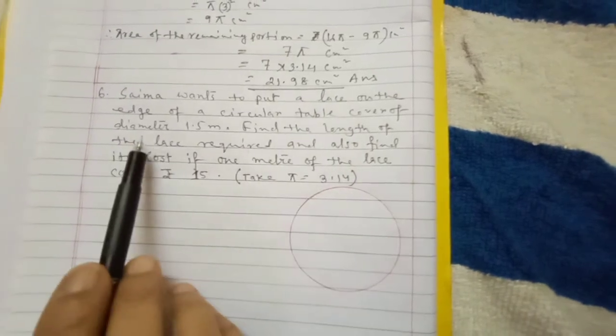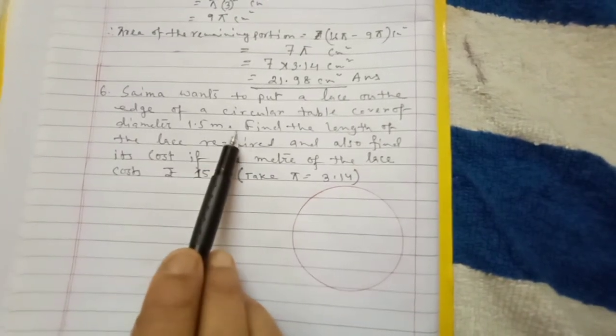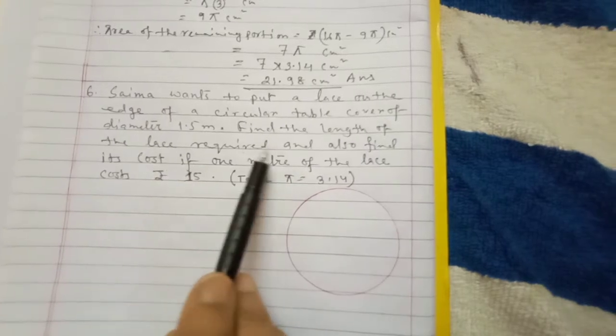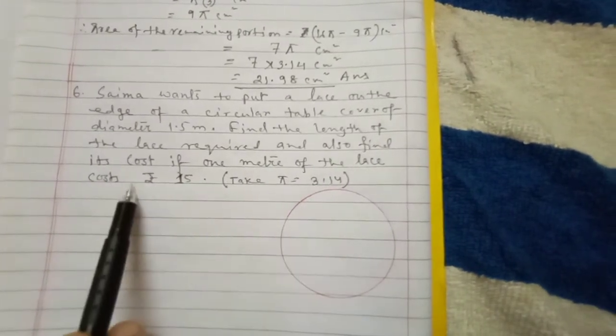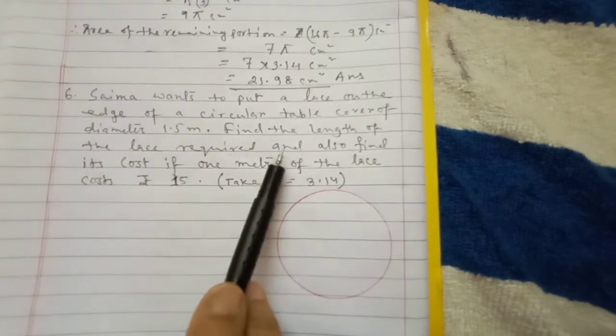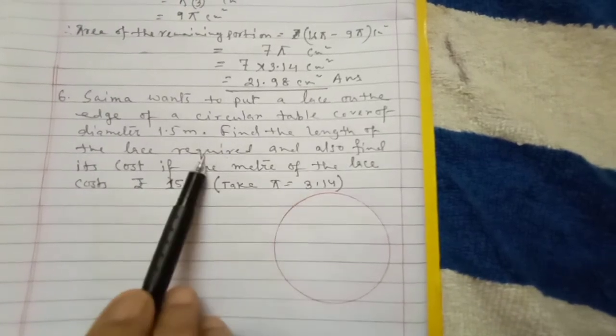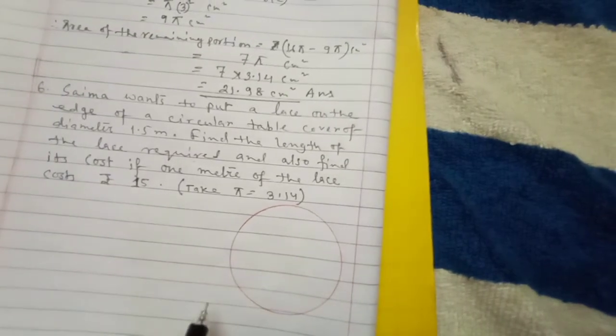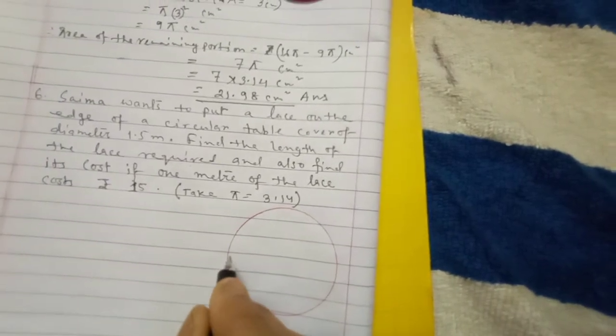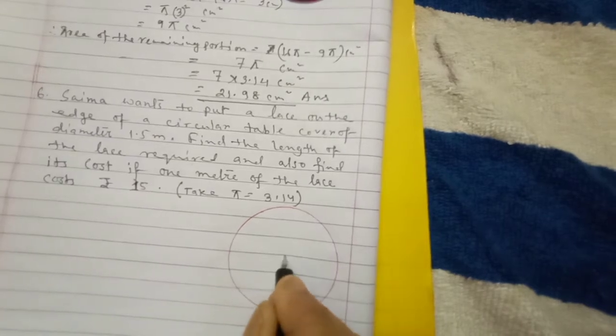Circular tabletop cover of diameter 1.5 meter. Find the length of the lace required and also find the cost, if 1 meter of the lace costs rupees 15. This is the second part. First you have to find the length of the lace required. To find the length of the lace, you have to find the radius of the circle.